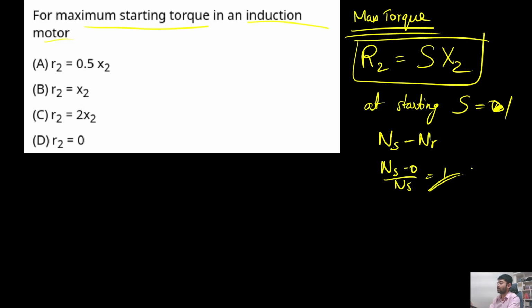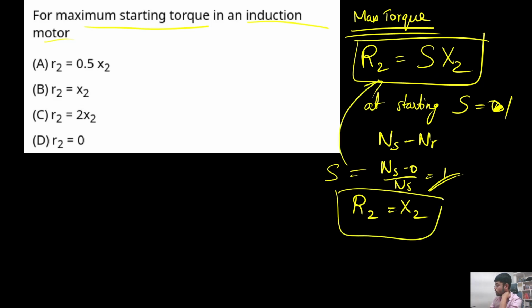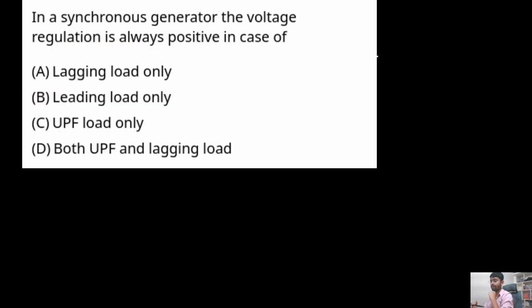So slip equals 1, which means R2 equals x2. When we substitute S in this equation, we get R2 equal to Sx2. So which is the correct answer? Option B is the correct answer for this question. Let's go to the next question.